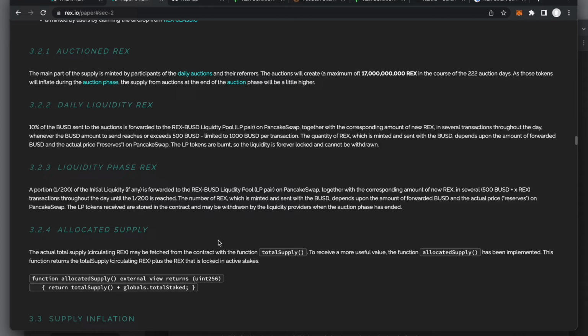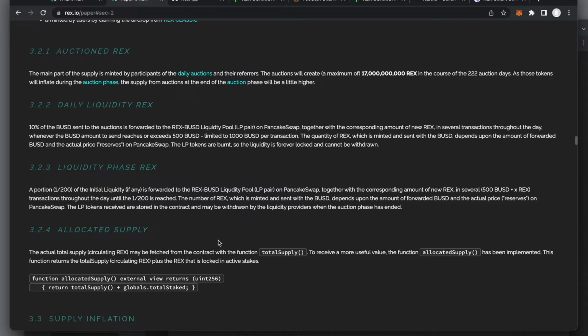So as tokens are being minted during auction, every day is one auction, every 24 hours. At that auction, some REX is minted. The number of REX that are minted every day is listed a little bit later on here in the white paper, so it's very clear how many tokens will be minted in the auctions every day.